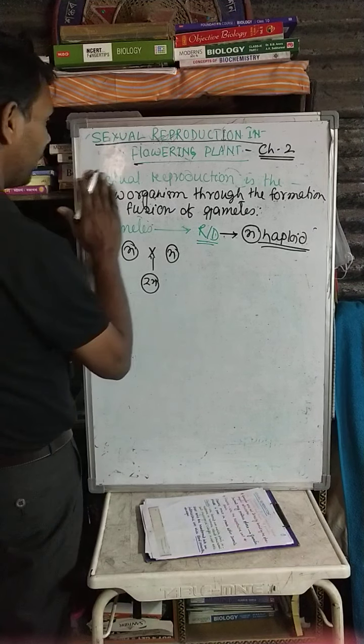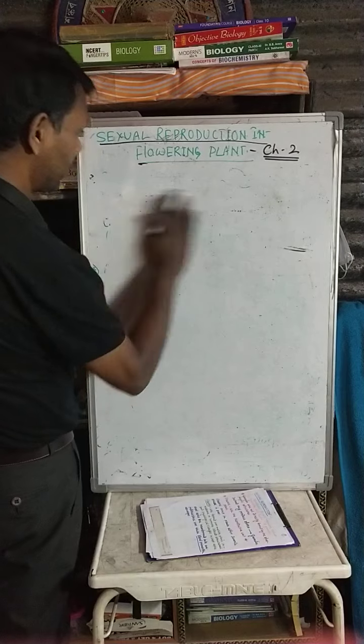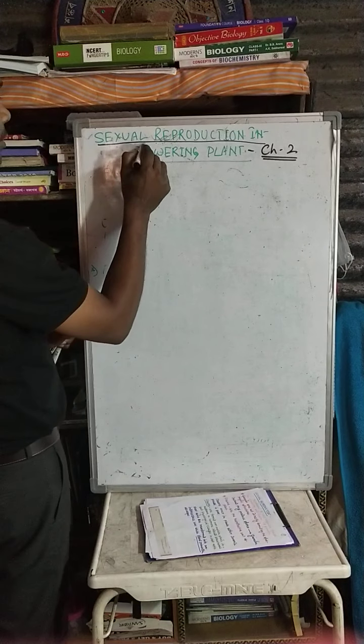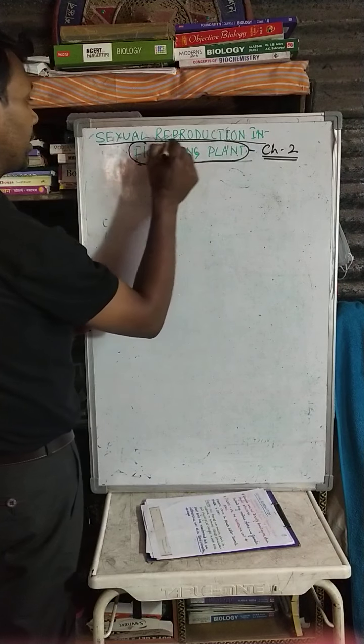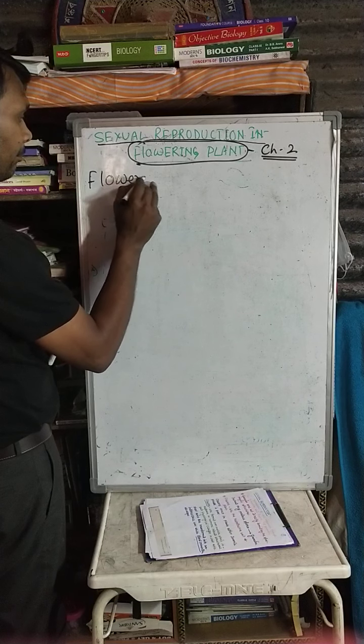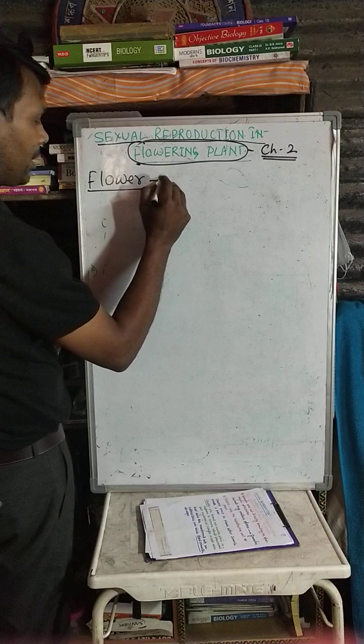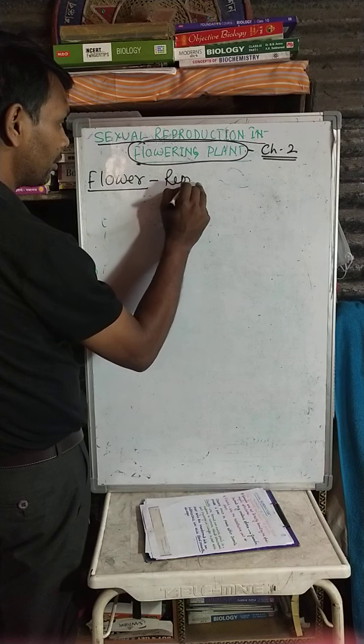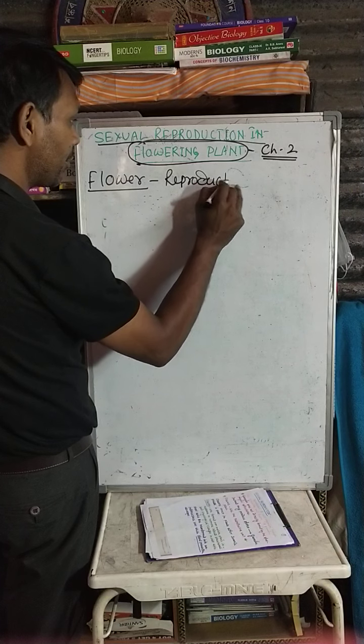Then in case of flowering plant, the flower is the reproductive unit.